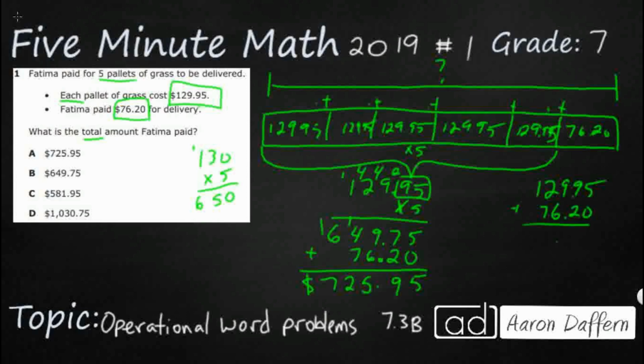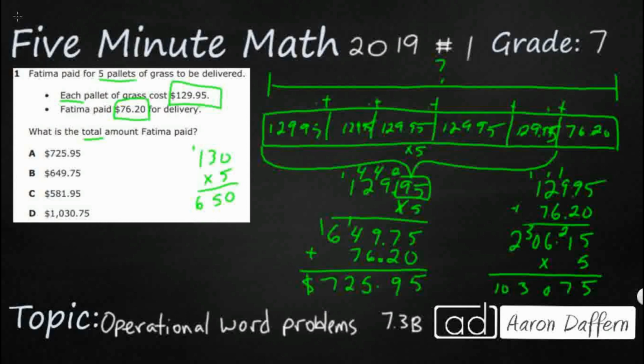Let me just see what that would be. 5, 11, 16, that's going to be 10, 206.15, right? And then, if I were to multiply all of that by 5, add in the delivery per each one. So that's going to be 7, that's 30, that's 3, and that's 10.